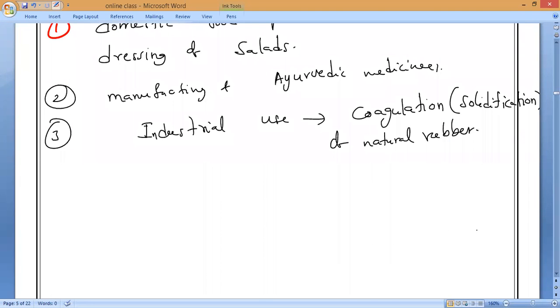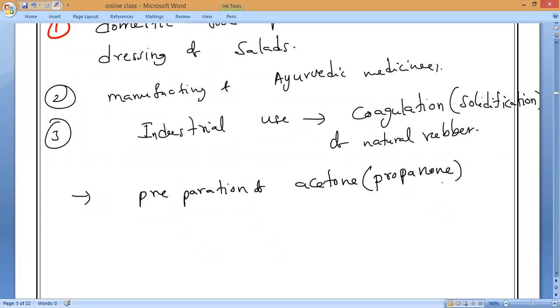Next, preparation of acetone. Can you tell me the IUPAC name of acetone, which is the common name? Who will say first? Propanone. What is the functional group present here? Ketone. Very good.